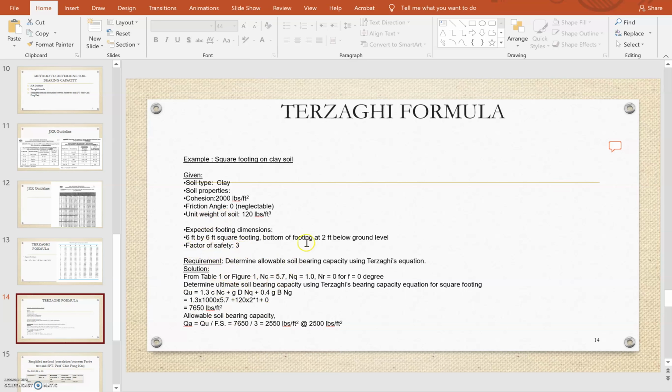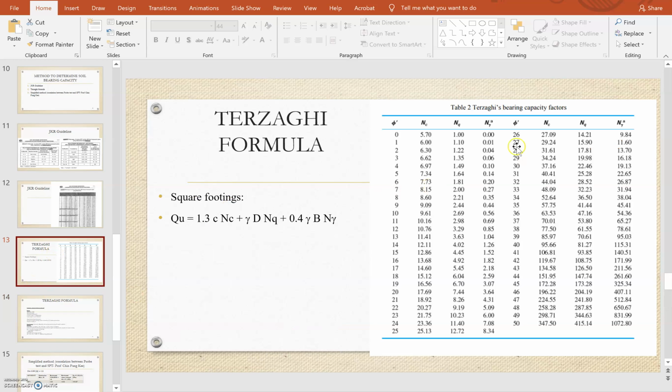Since your soil is clay, the friction angle phi is 0. If you refer back to the table, for phi 0, N gamma is 0, so obviously this part you can cross out. So the only data here are C, gamma, D and NQ. D is the size of your pad footing.